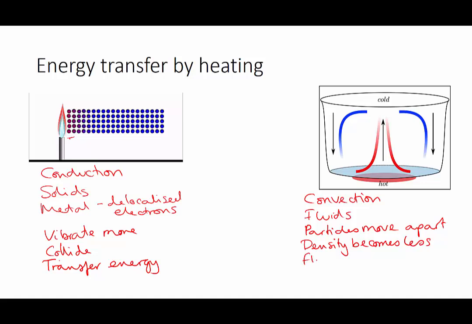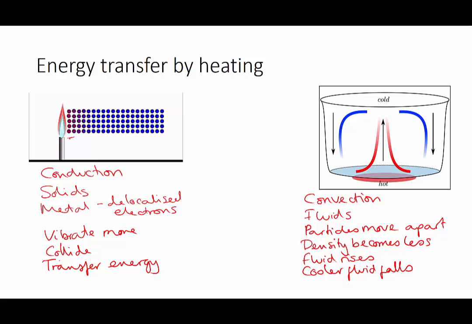Where it's less dense, that enables it to rise, and the cooler fluid from the top falls down to take its place. And that sets up what we call a convection current, so an ongoing process.